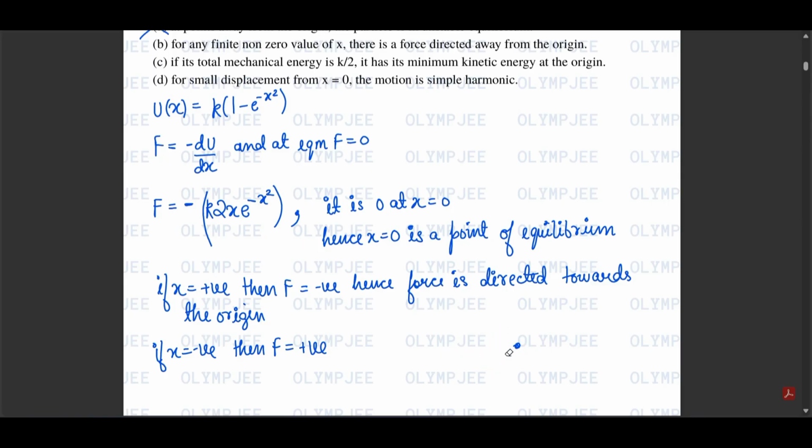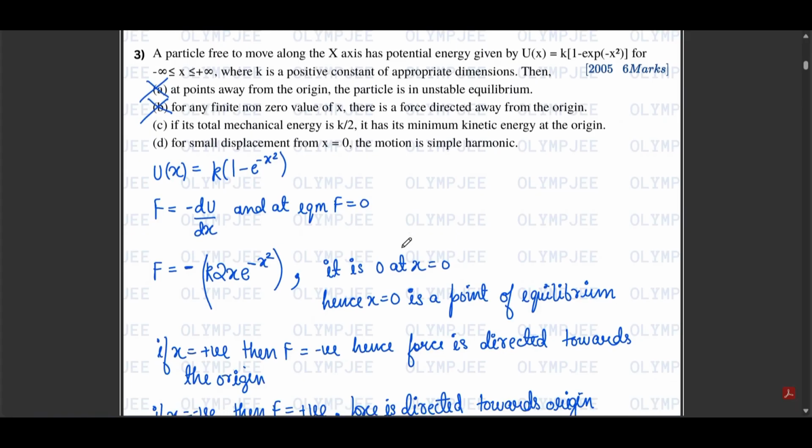So again we can say that force is directed towards origin. So B option is also wrong because it is saying that force is away from the origin, but it is towards the origin.